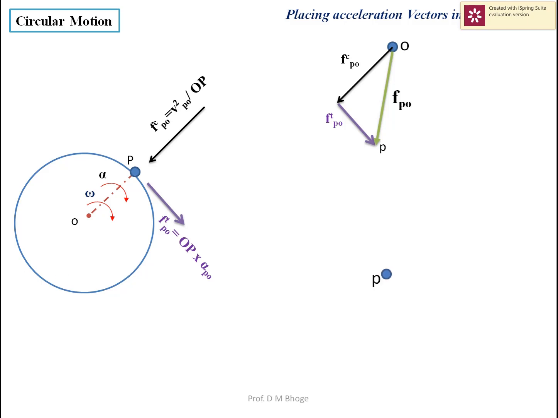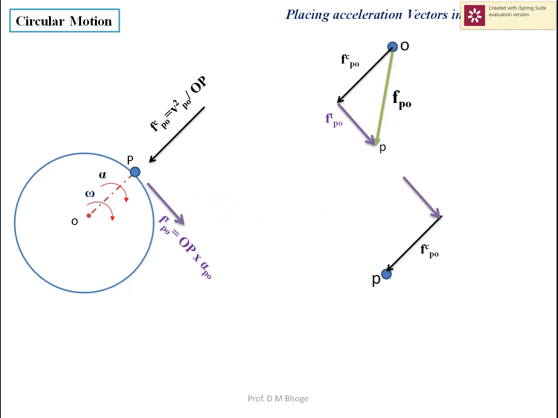Now instead of O, if we have point P in the acceleration polygon, we will have to place the first vector FCPO such that P is at the head of the vector, because the resultant should end at P. So FCPO is now placed in such a way that P is the end point of this vector. Now we have to add FTPO. The vectors to be added are placed tail to head.